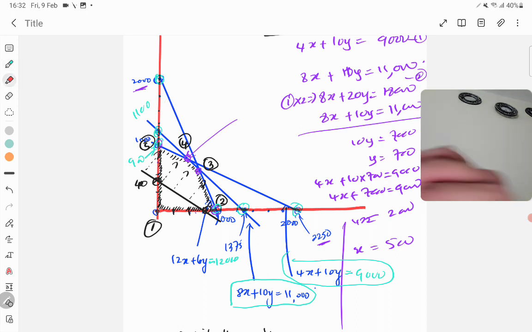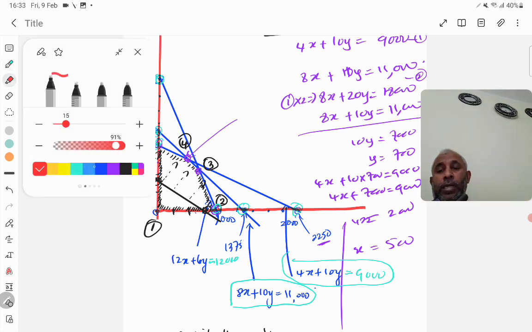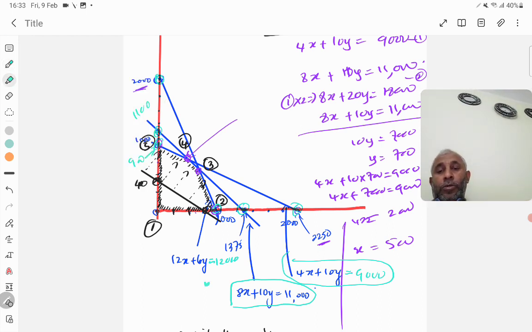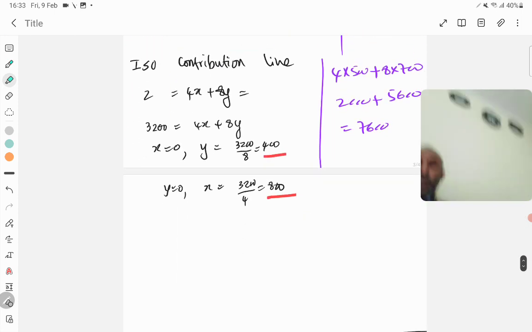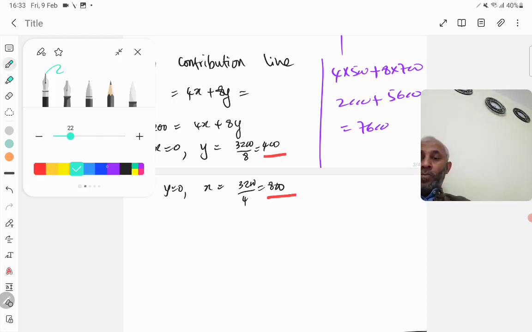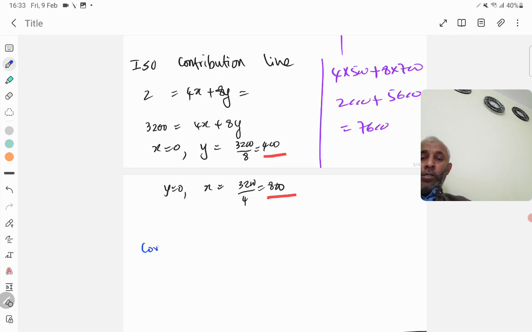Now, if you look into this area, this will be our feasible region. Then there's a theory called the corner point theorem.